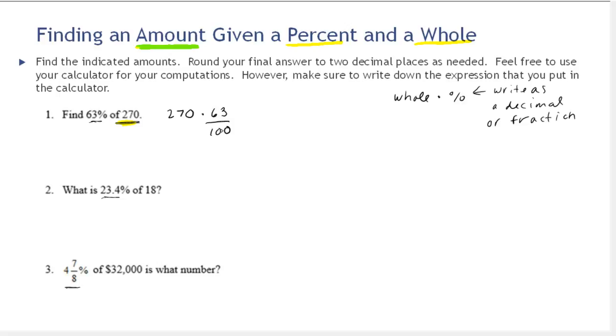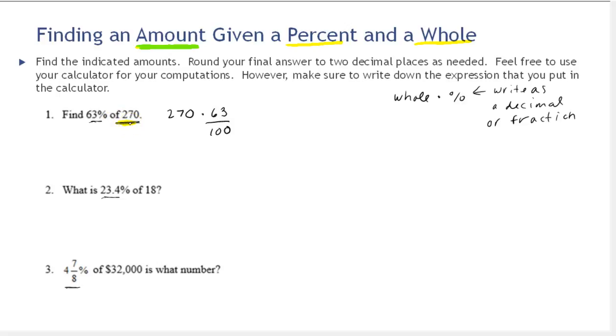And even though you may prefer decimals, we're going to do these computations on the calculator, and I think that this shows you more clearly why we're using this value the way we do. So dividing 270 by 100 gives us 1%. Then when we multiply by 63, that gives us 63 copies of 1%, which is 63% of 270.